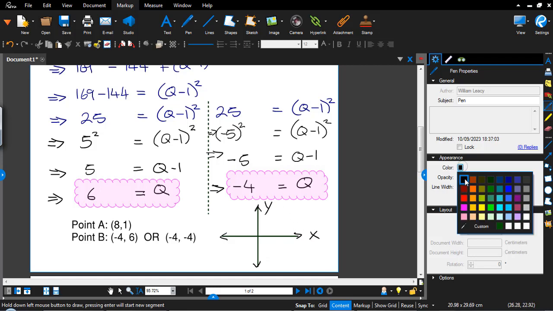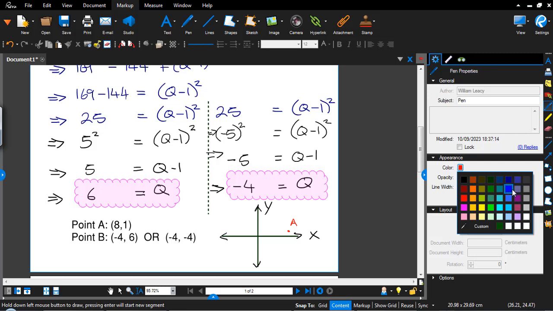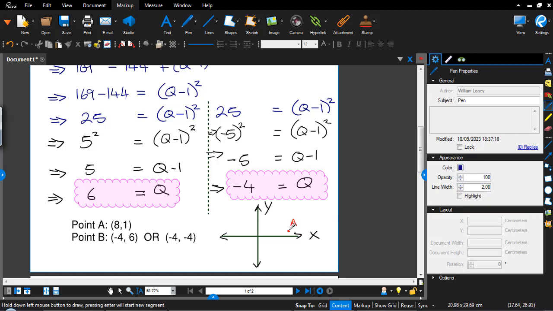Now let's roughly put in the point 8, 1. It's going to be something like that, and we'll call that point A. Now point B is 13 units away from this. So we're saying point B could be negative 4, 6, which is going to be something like that.